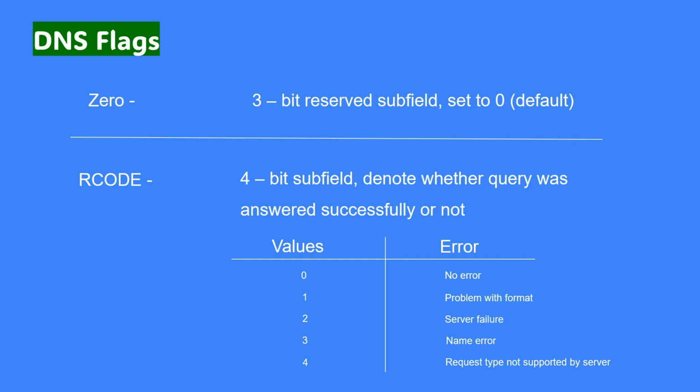There are going to be a lot more values than I have shown here, because it's a 4-bit subfield, so we can go 2 raised to power 4, which is 16. 16 errors can be identified by default, and we can even exceed the R code bits in the advanced settings. So simple values represent no error, problem with format, server failure, name error, and request type not supported by server.